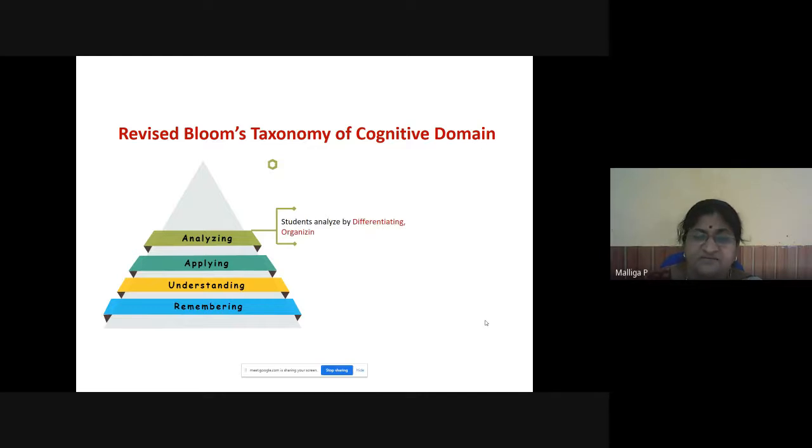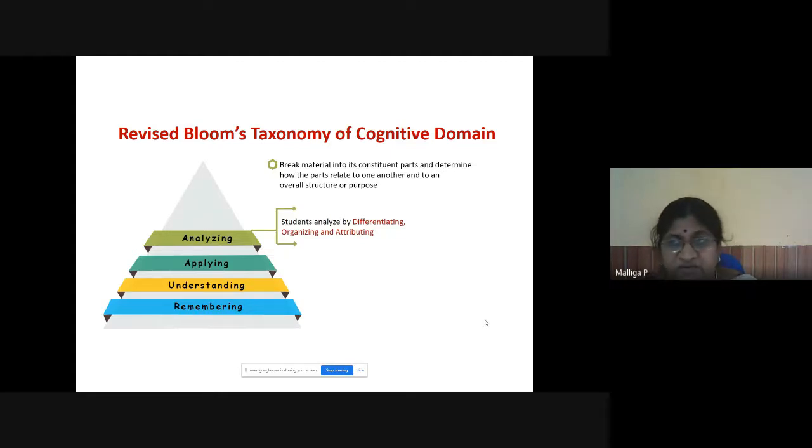The first three, remembering, understanding, and applying, are referred to as the lower order thinking skills or lower order ability. But that is very, very essential. Unless we are thorough in that, or if you have not understood a subject, you cannot go beyond it. So we should not stop with that.